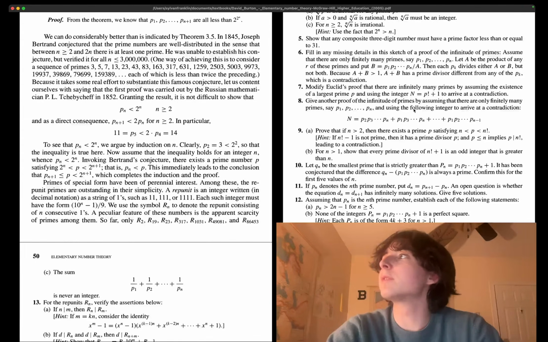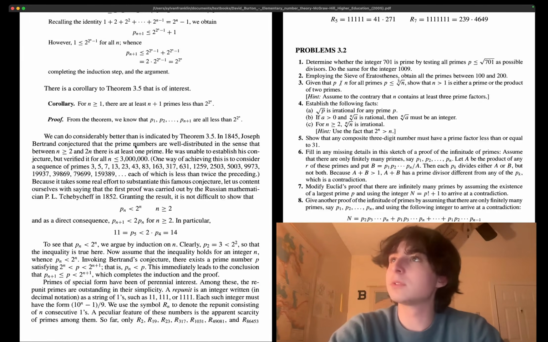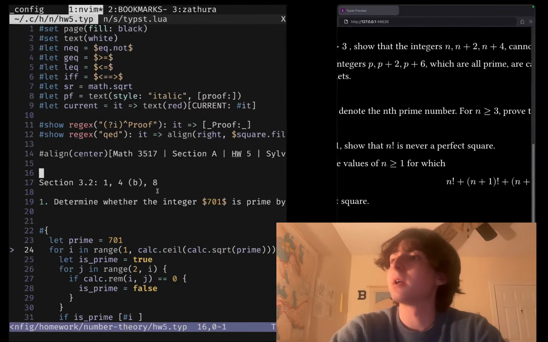And I might have mistyped the first question too, probably. By testing all primes as positive divisors. Okay, I missed that part of it. Wow, I mistyped this whole homework horribly, it seems.